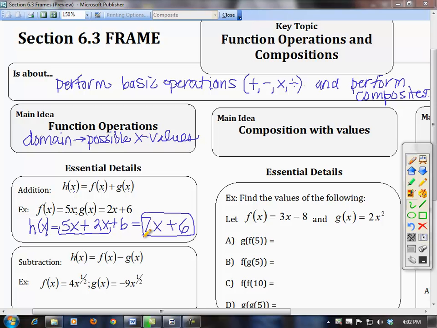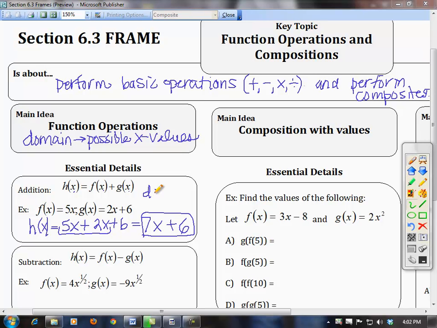Now, they're also going to ask you about the domain, and the question is, what type of numbers can you put in and still get an answer? In order to do domain, what you want to look for is, can you put in a positive number? Could I put a positive number into 7 times x plus 6 and still get an answer? Yes. Could you put in a negative number?